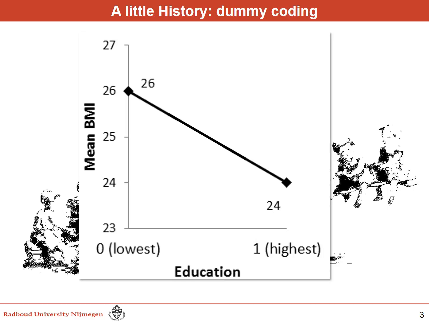As we can see, the people with the lowest level of education have on average a body mass index of 26. And over here we have the highest educated people. I left out the categories in between just to keep it as simple as possible. You can see that the highest educated people have a body mass index of 24.